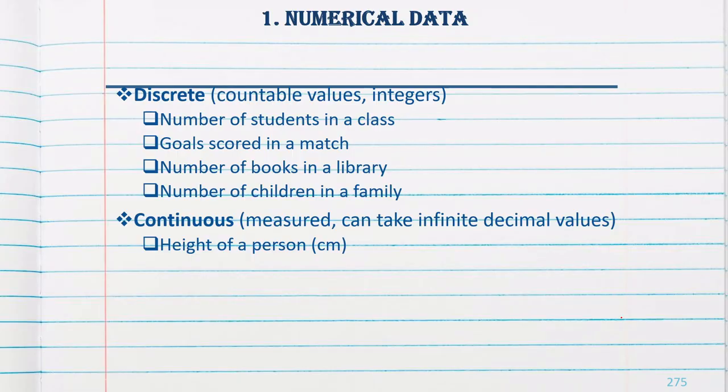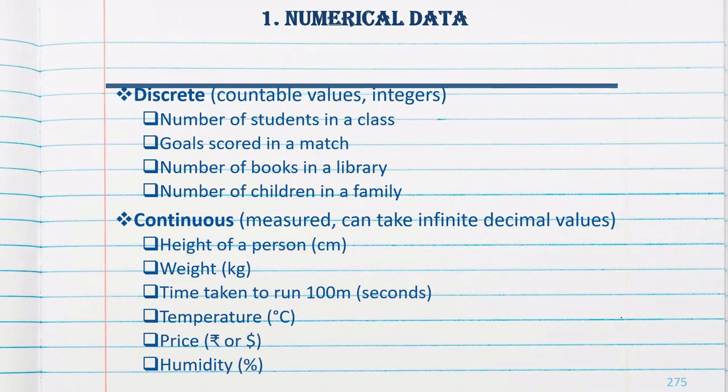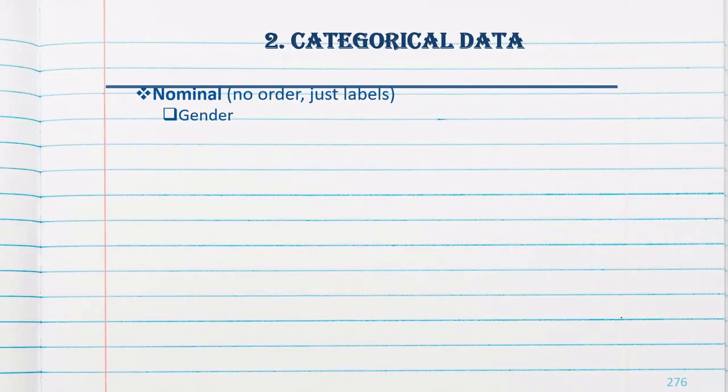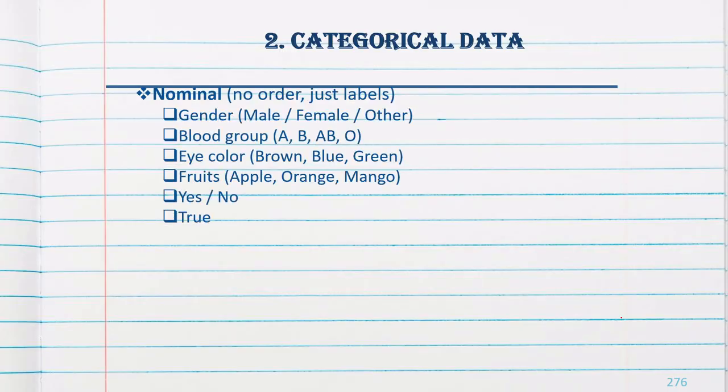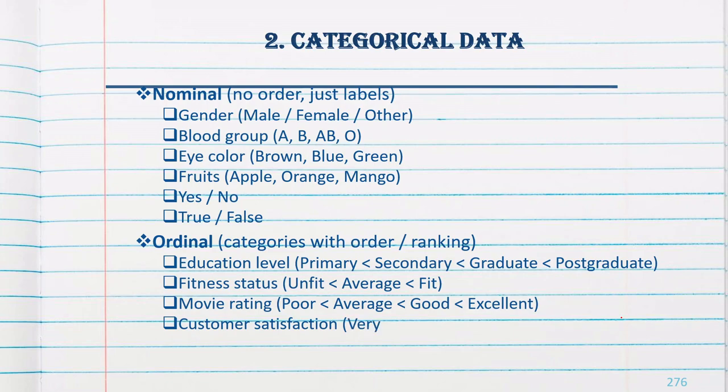Continuous data means it can take infinite decimal values: height, weight, time, temperature, price, humidity, etc. Categorical data, examples: nominal data, there is no order. Ordinal data means categories with order. These are some examples for nominal data and ordinal data.